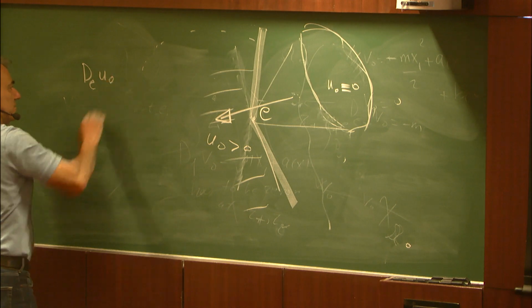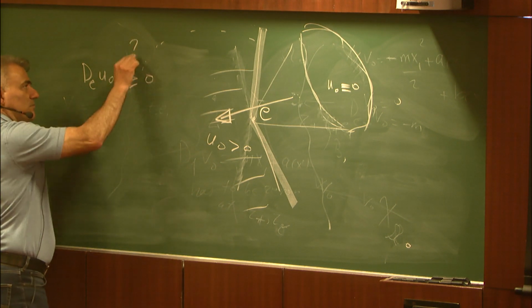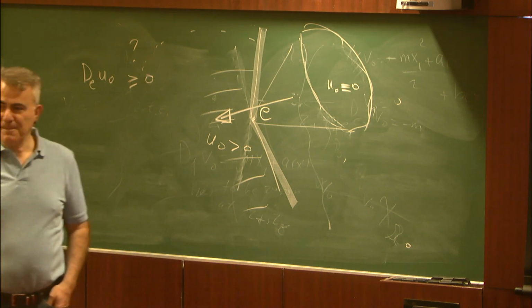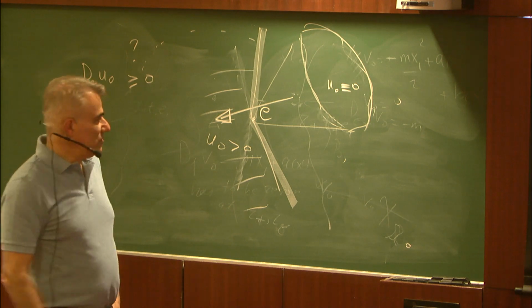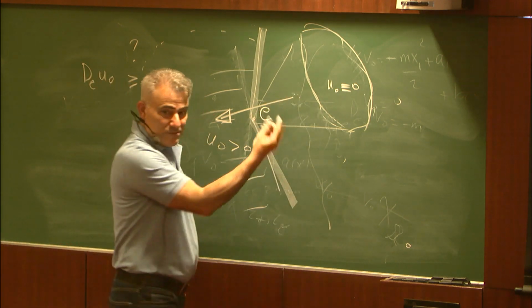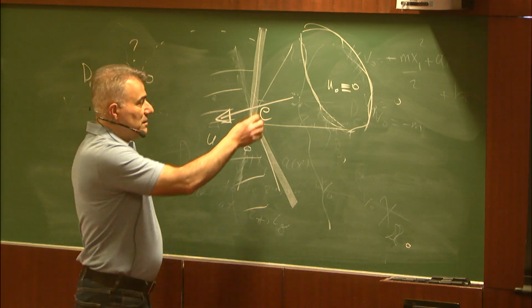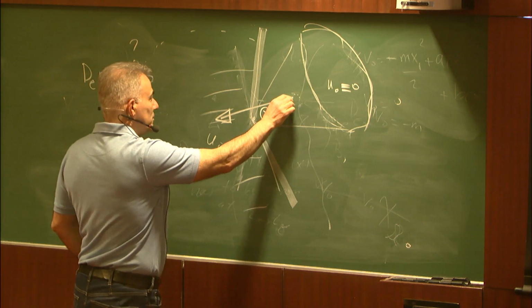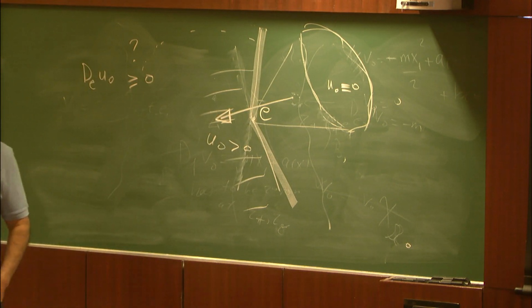D_E U0 is not negative. Why is that? You start from here, D_E U0 is 0, the function is 0, so the derivative is 0 at this point, and then you continue, and then I'm claiming that it's going to go positive.